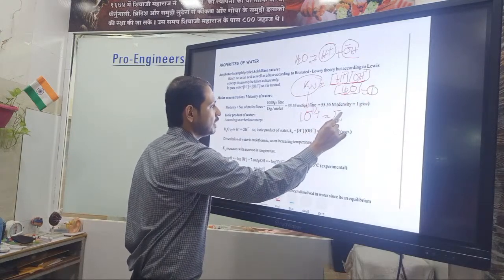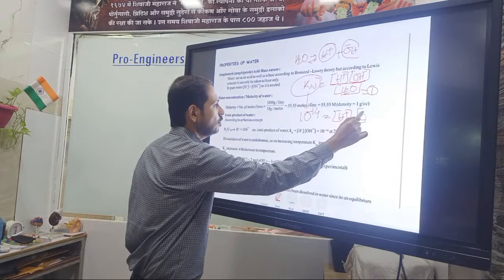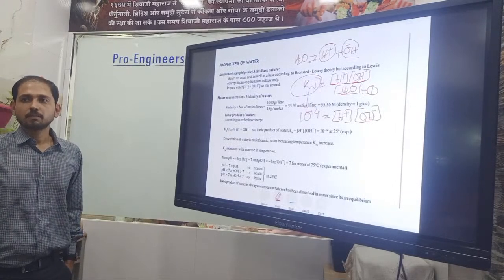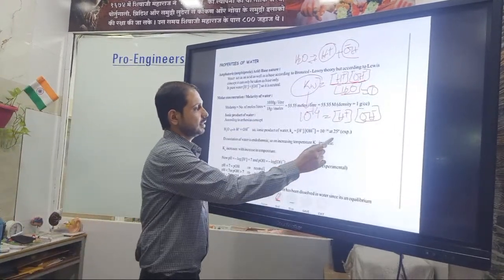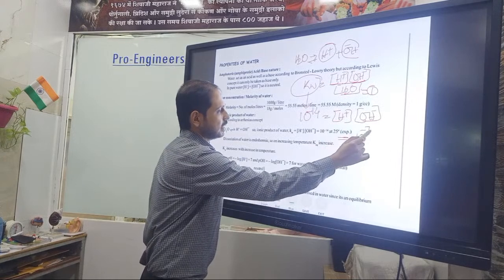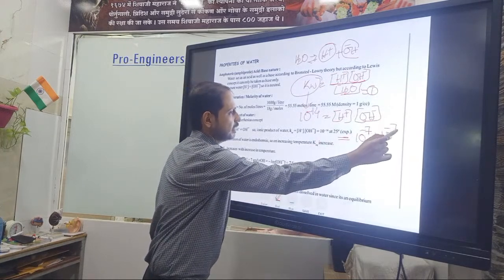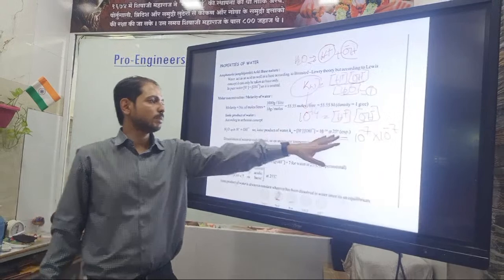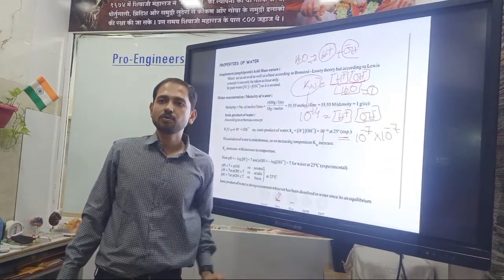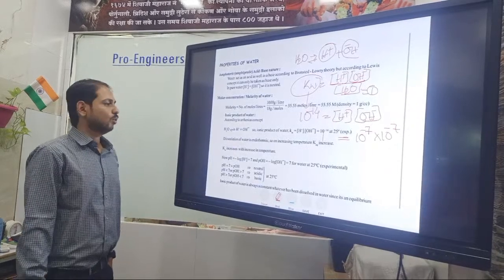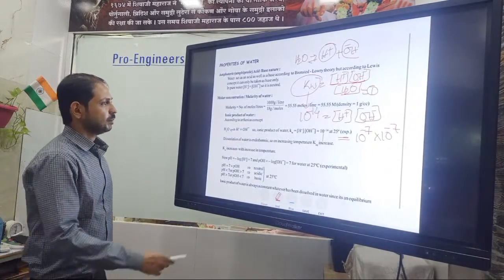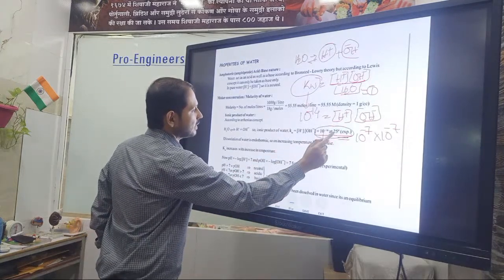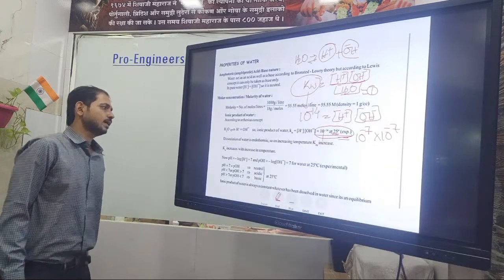So H plus into OH minus is equal to 10 to the power minus 14, or 10 to the power minus 7 into 10 to the power minus 7. That means if we dissociate water, it will give 10 to the power minus 7 concentration of H plus and 10 to the power minus 7 concentration of OH minus. So the ionic product of water is 10 to the power minus 14, which you need to remember, at 25 degrees centigrade experimental conditions.